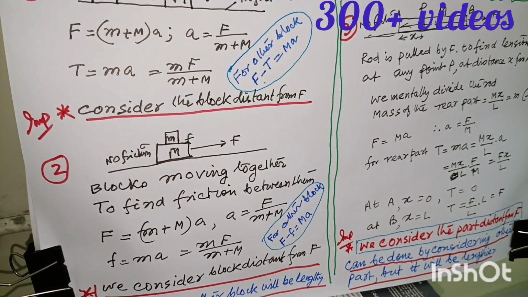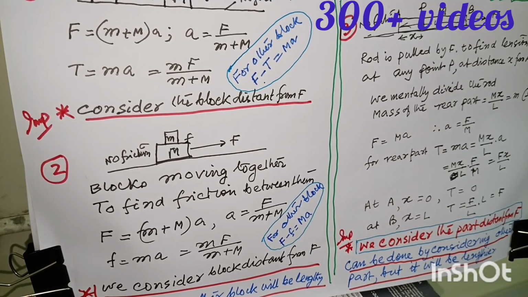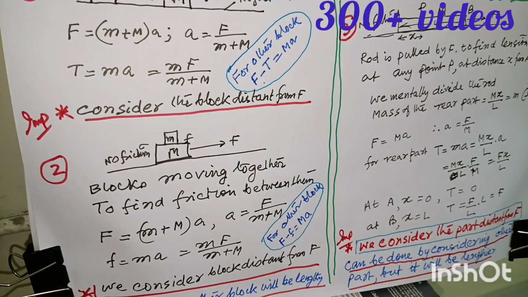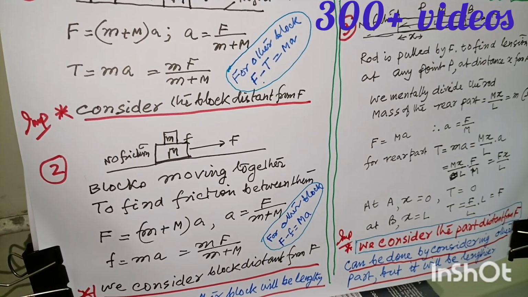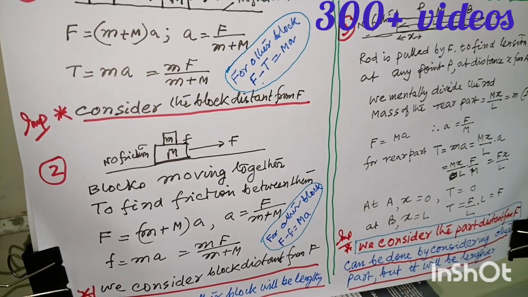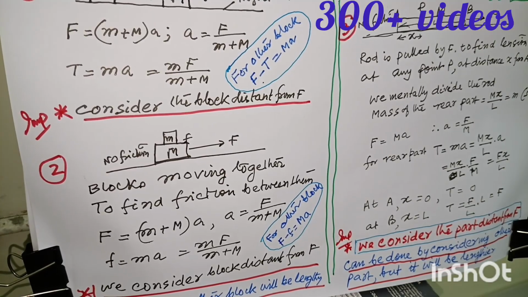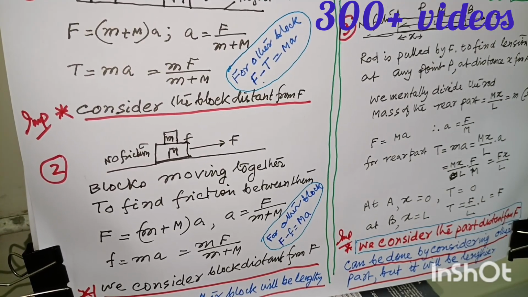So I am taking small m because in that case small m has only one force acting on it, that is the frictional force forward. So for small m we can easily write f equal to ma. That means f becomes m into F by (M plus m).